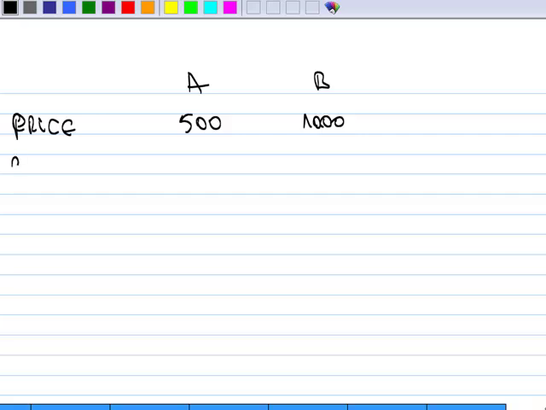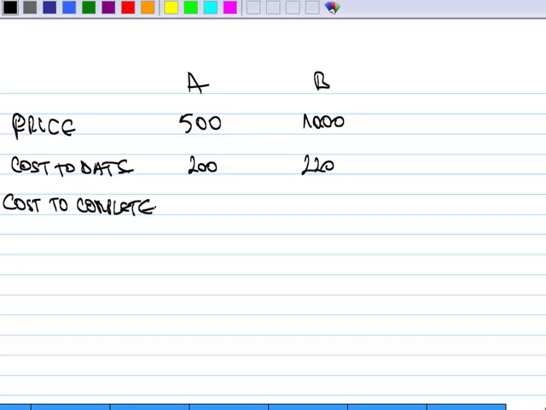The cost to date, meaning how much you actually spent on the contract, is 200 for project A, and let's say 220 for project B. Cost to complete project A and project B are, let's say, 200 for A, and for B they are unknown.